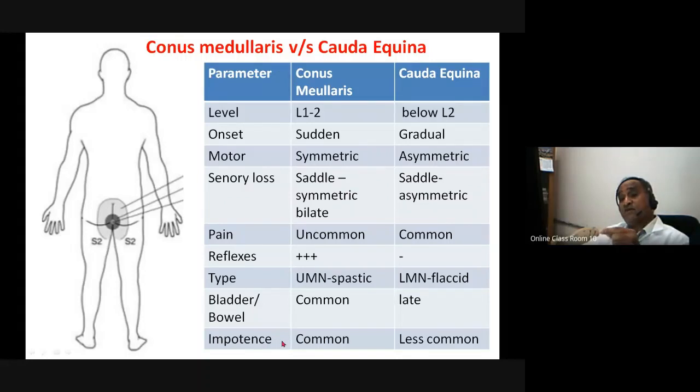If there is no ejaculation, the impotence is common here in conus medullaris. It is less common in the cauda equina because it is already below L2, so by that time the sympathetic control of the ejaculation is not there. These are the differences between conus medullaris and cauda equina.